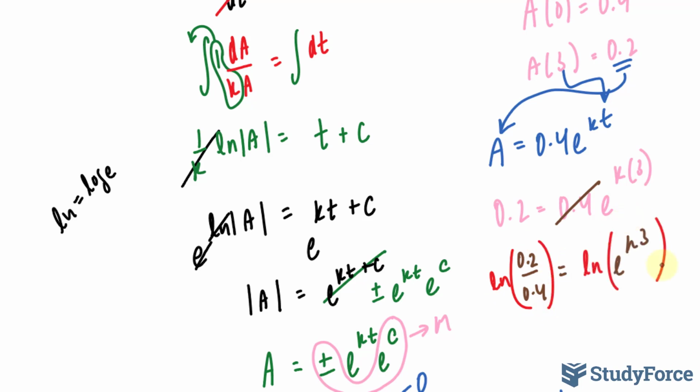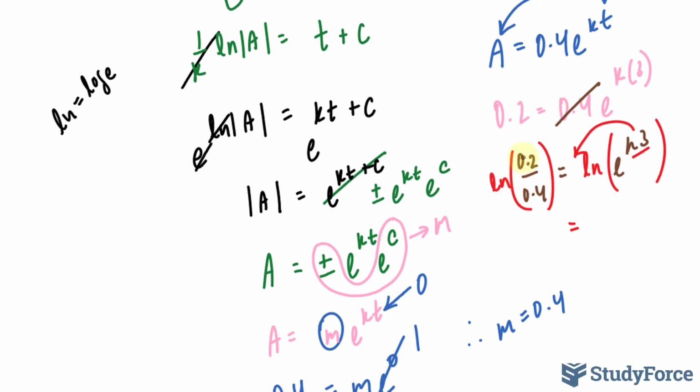So I'll ln this, and I'll ln this. Watch what happens. This k times 3 goes to the front, and ln e becomes 1. So I have this expression on the left side, where 0.2 over 0.4 is equal to half. So I'll replace that with ln half. That equals k times 3.